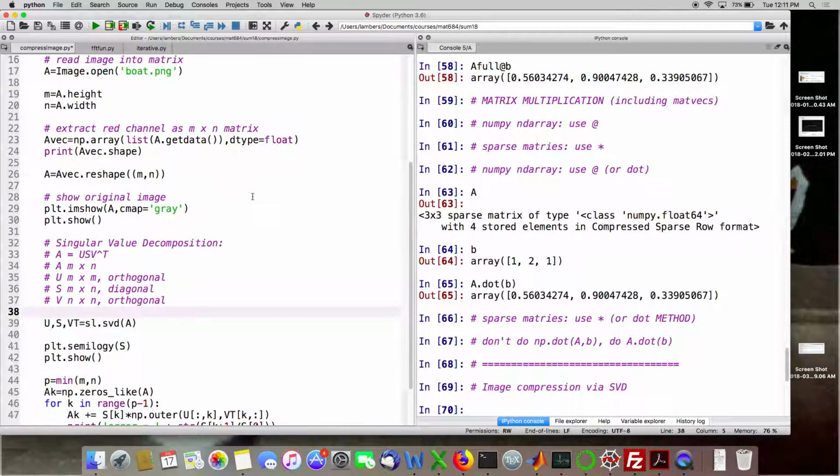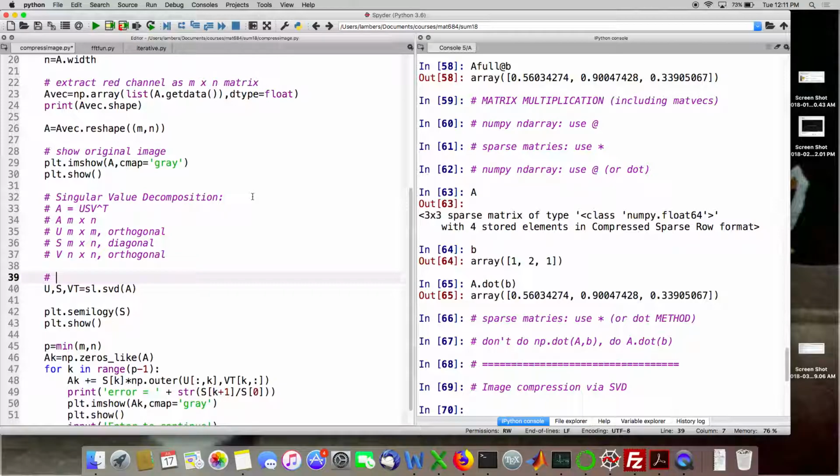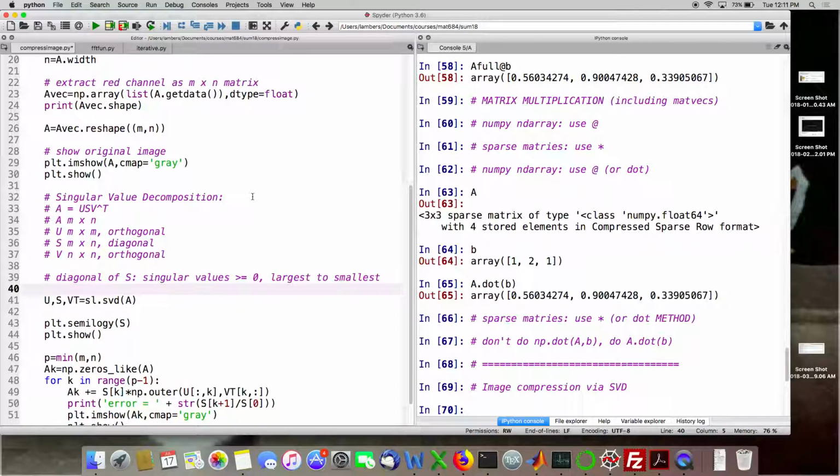So the diagonal of S are the singular values, always non-negative, and by convention ordered from largest to smallest.